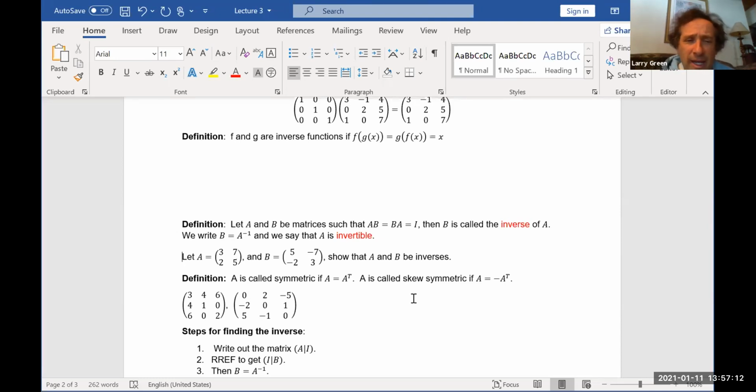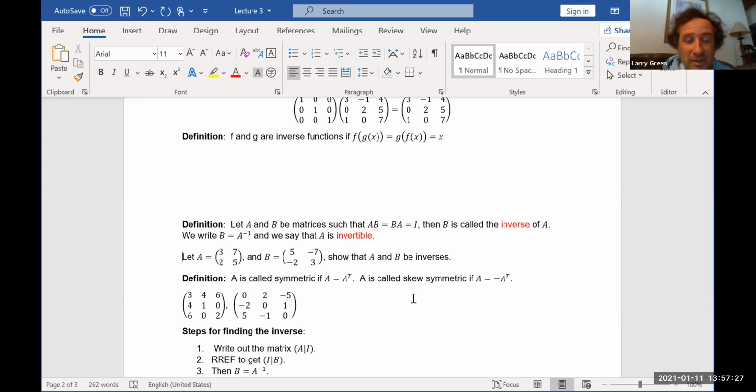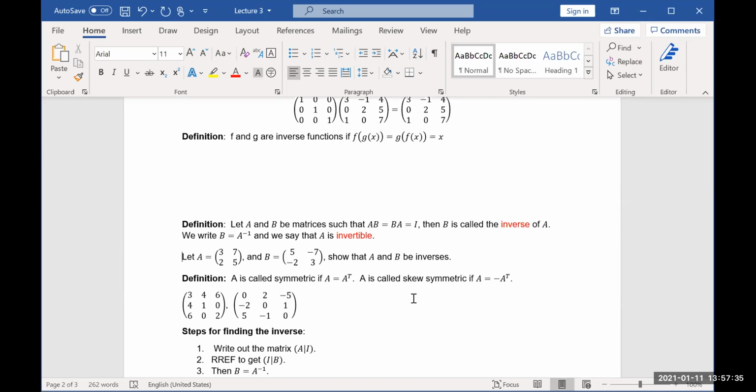By the way, with functions, it's not that hard to check to see if they're inverses, right? But is it easy to find an inverse of a function? It depends on the function. Yeah, but in general. I don't remember it being too hard, but when we were finding them, we didn't really have a lot of different functions to play with.